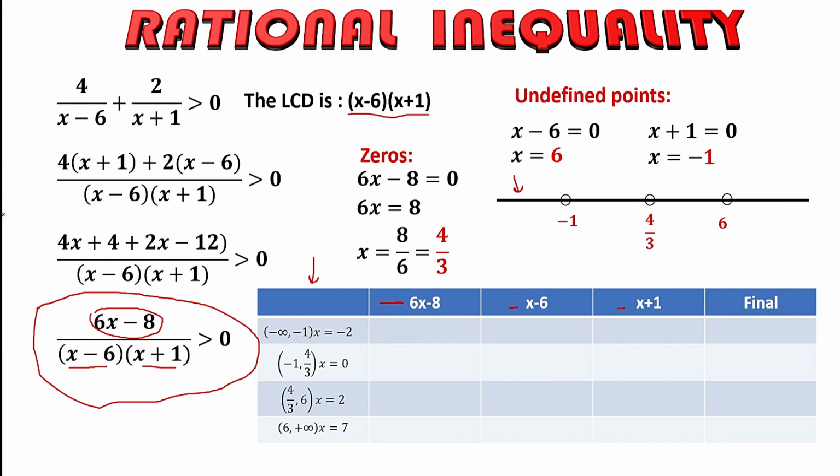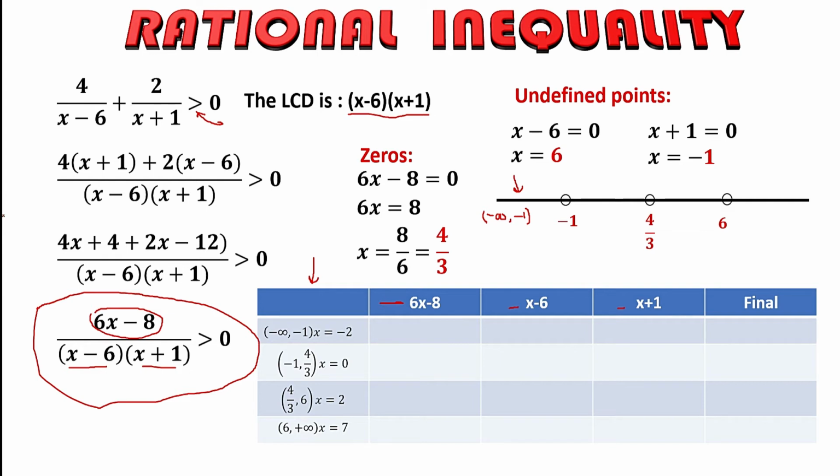The first interval is from negative infinity to -1, because the inequality does not have an equal sign, so you do not consider 4/3 closed, since it does not include 0.